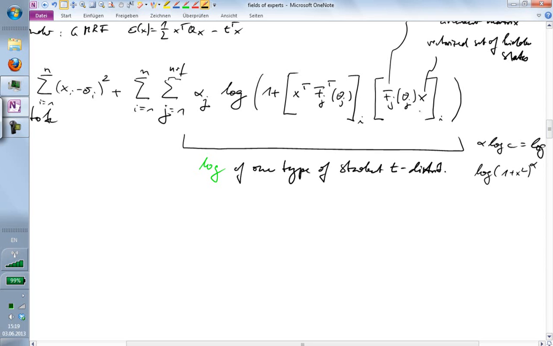And because it depends on multiple values of x, so x is a vector, I'm only looking at the ith element of the resulting vector, but this is a linear combination of multiple random variables.